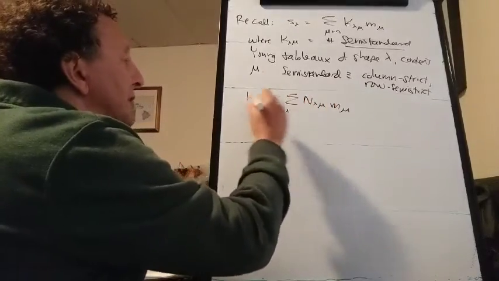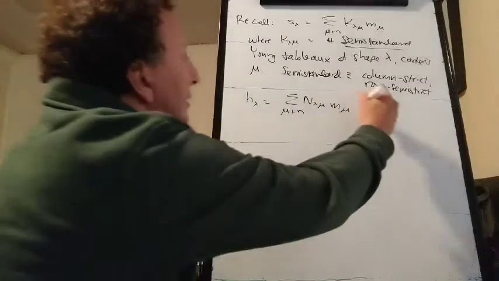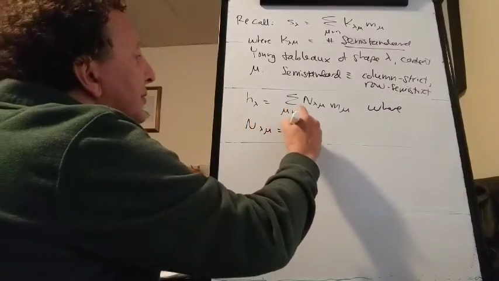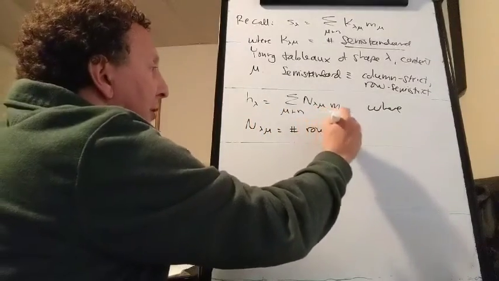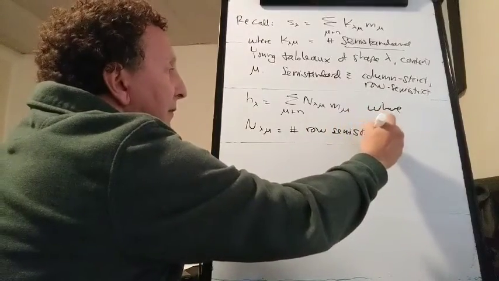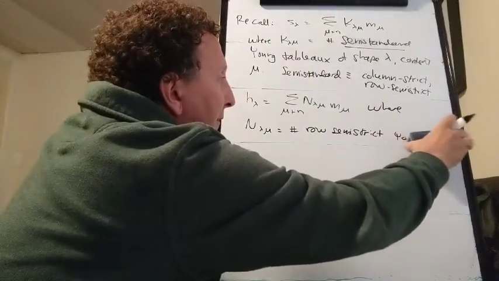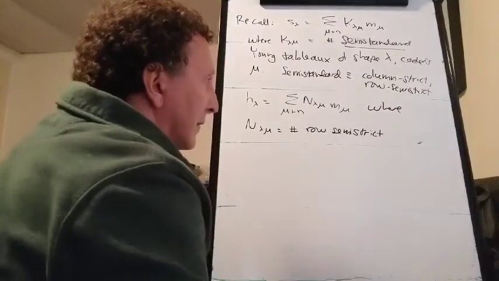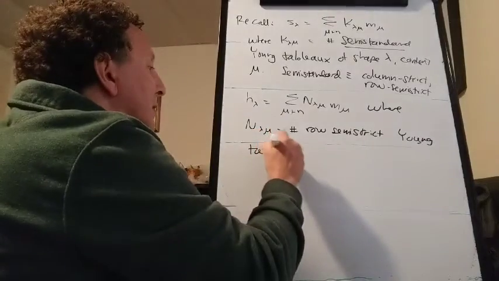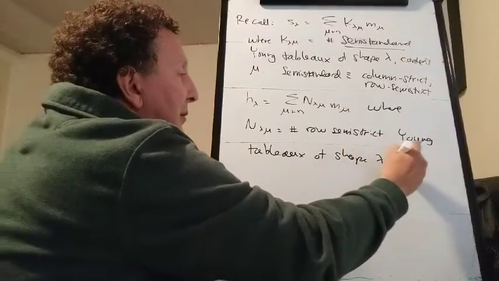So if we're expressing homogeneous symmetric functions in terms of the monomial basis, this is our expression, where n lambda mu equals the number of row semi-strict Young tableau of shape lambda and content mu.